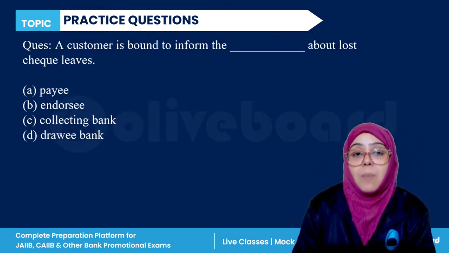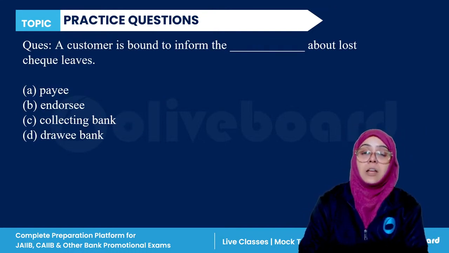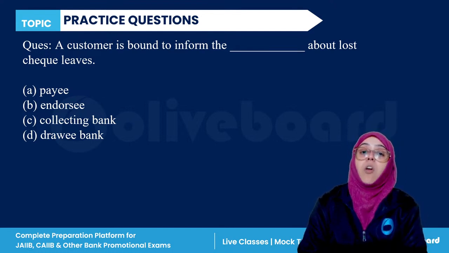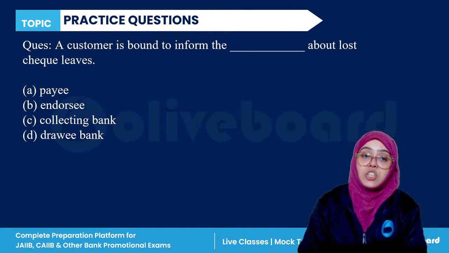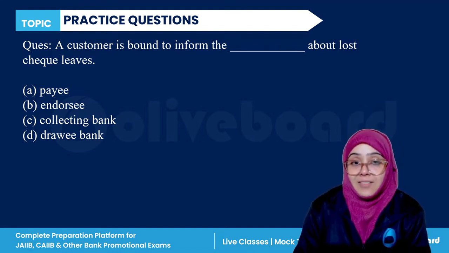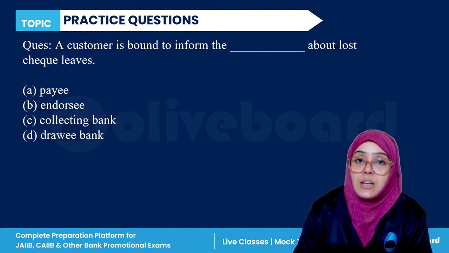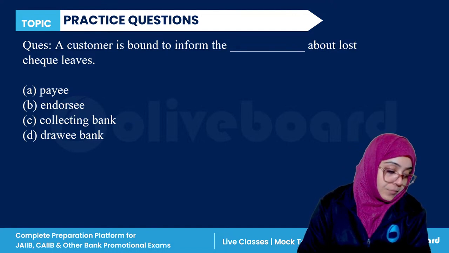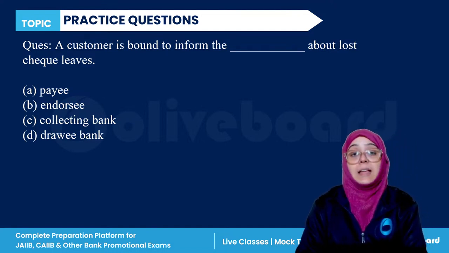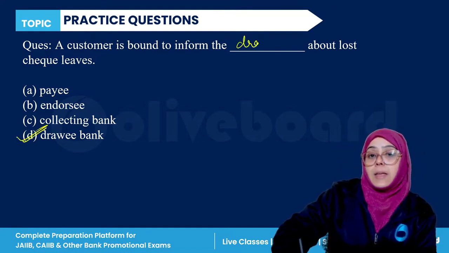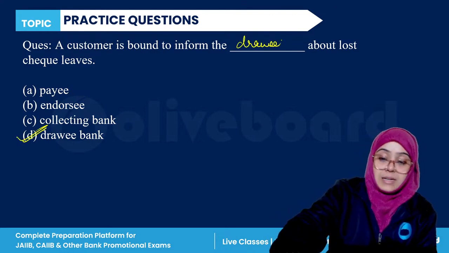Next, a customer is bound to inform the dash about the lost check leaf. Payee, endorsee, collecting bank, or drawee bank. They are bound to inform the drawee bank. So the correct answer is D.